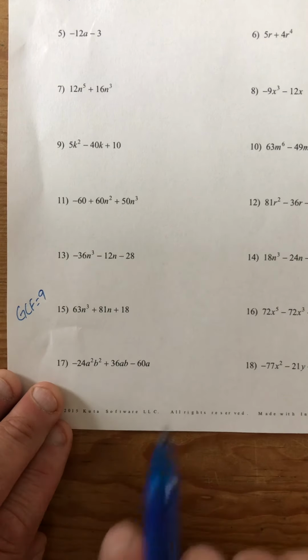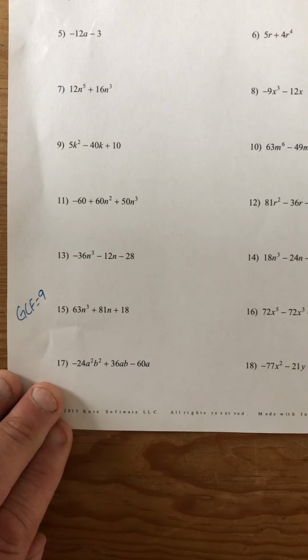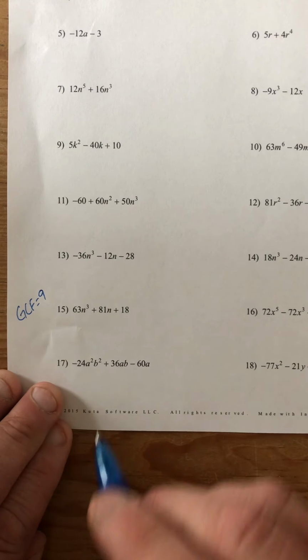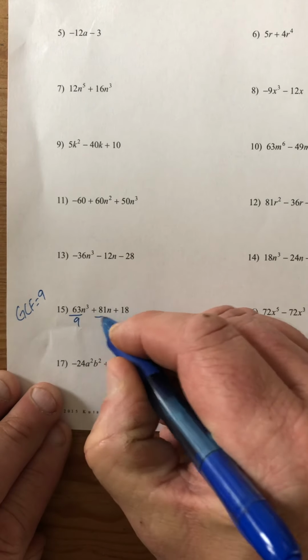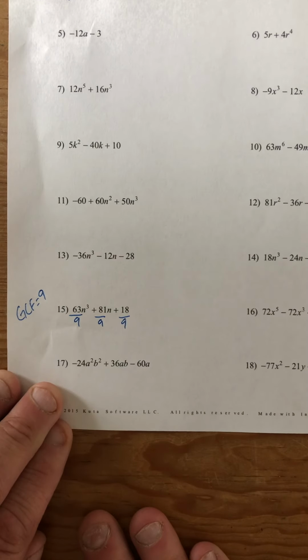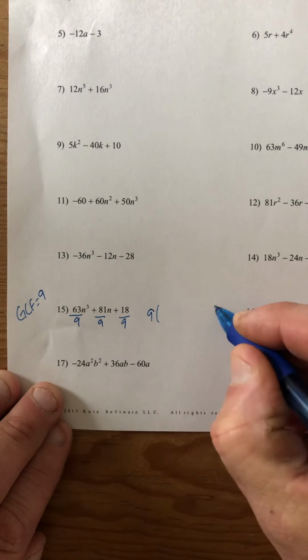Now we have n to the third, n, and then I have no variable of n. So how many n's do I have in common? Well, being that this 18 does not have an n, I have no variables that are in common. So this just becomes my GCF. So if I divide everything by our GCF, I get 9 parentheses.